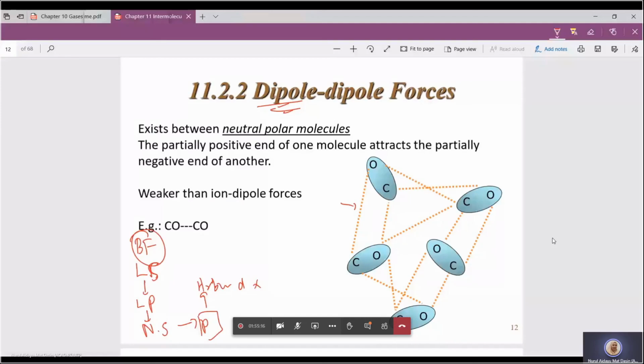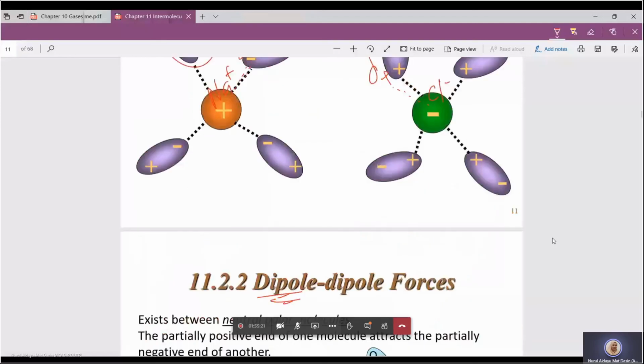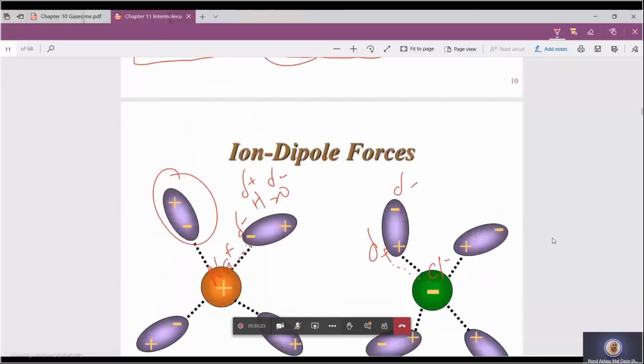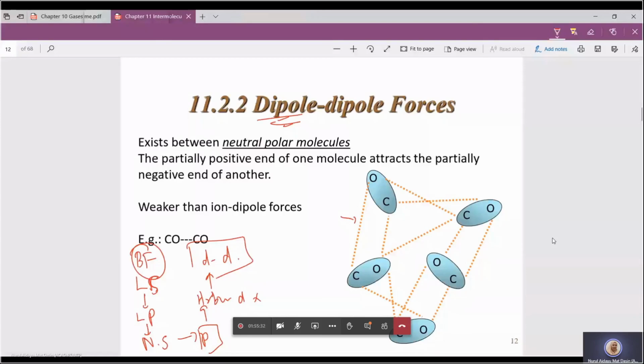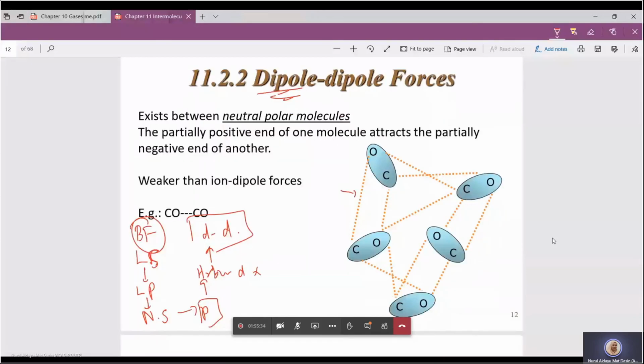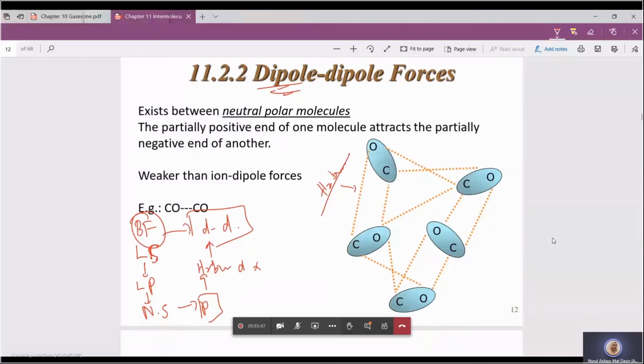Ion dipole is stronger compared to dipole-dipole. Hydrogen bond is stronger compared to dipole-dipole. So if they have hydrogen bond, you need to choose hydrogen bond, not dipole-dipole. But for BF, we have dipole-dipole. Dipole-dipole normally exists between neutral polar molecules.